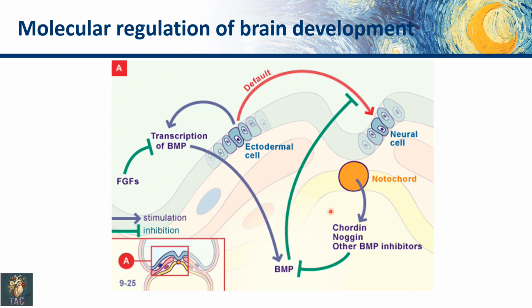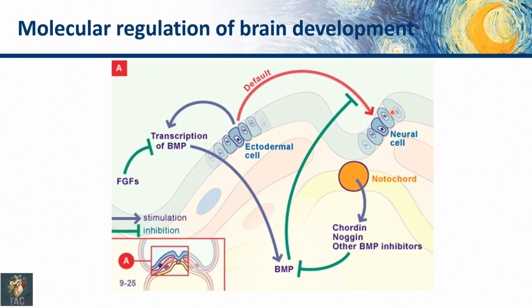Also remember that these three factors are responsible for dorsalizing the neuroectoderm and formation of the forebrain and the midbrain structures. For the formation of the hindbrain and spinal cord, WNT3A and fibroblast growth factors are responsible, which will then depress the BMP, inhibit the BMP, and then the dorsal structures of the central nervous system, that is hindbrain and the spinal cord, will be formed.